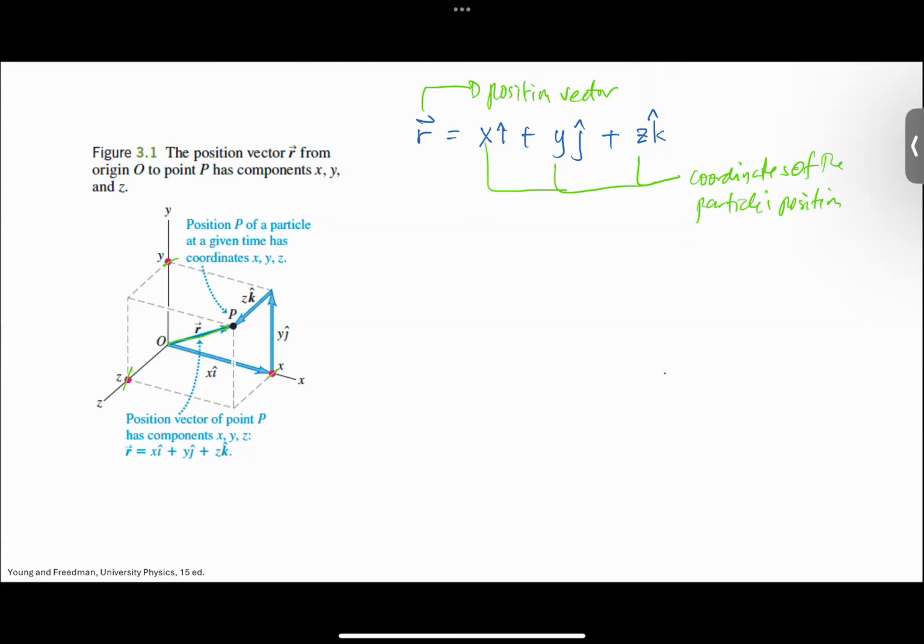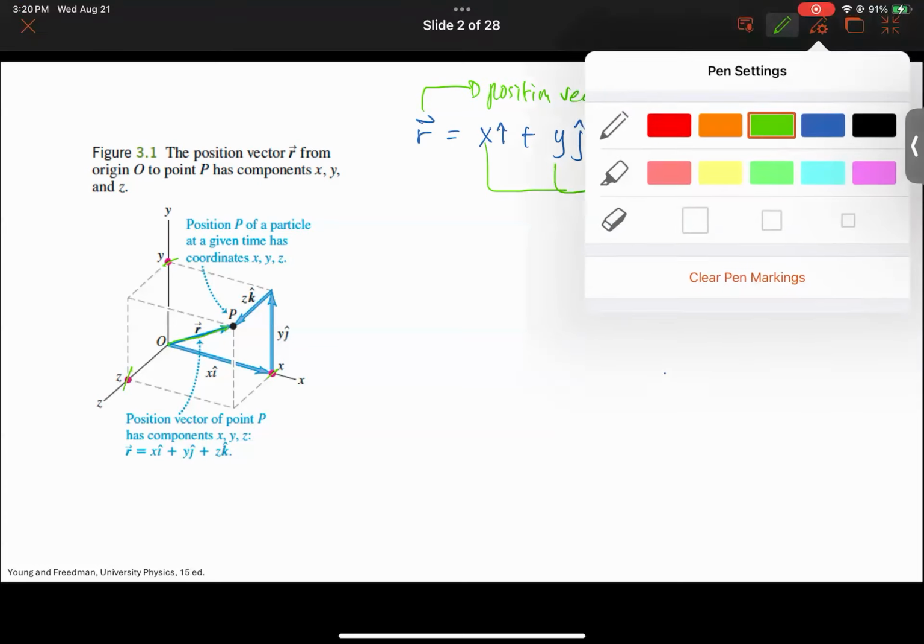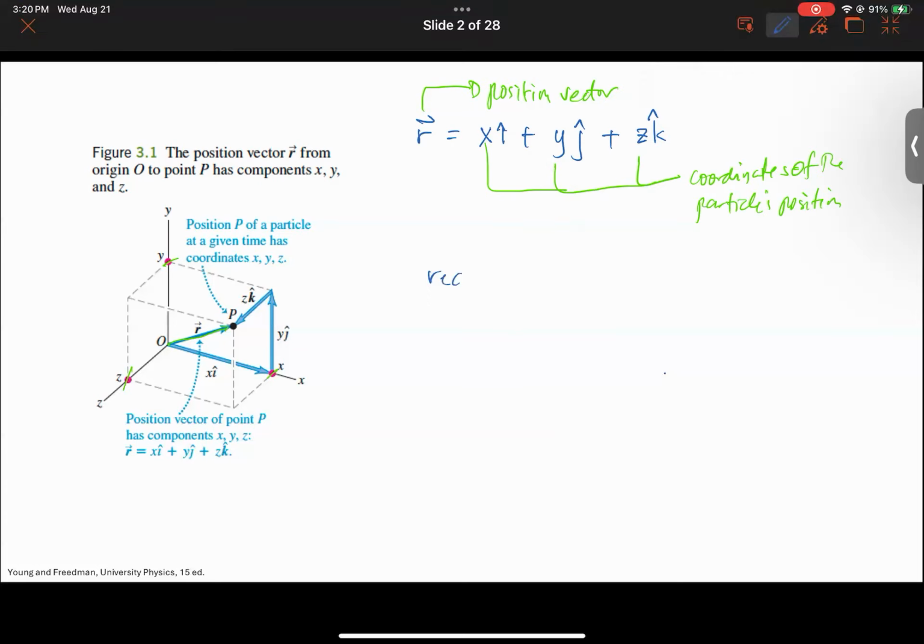Okay, so now that we know that, we can proceed to define yung average velocity and then yung instantaneous velocity. So if you recall na yung average velocity in one dimension is just delta x over delta t.